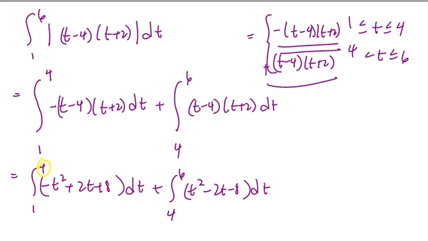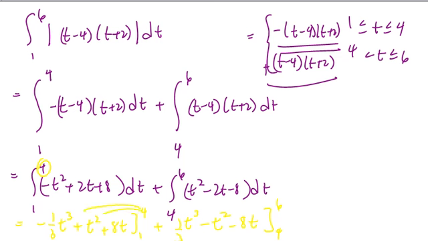So if I do that, the integration looks like this. It's negative 1/3 t cubed plus t squared over 2, so the 2's are going to cancel again, plus 8t going from 1 to 4, and again it'll be 1/3 t cubed minus t squared minus 8t going from 4 to 6.